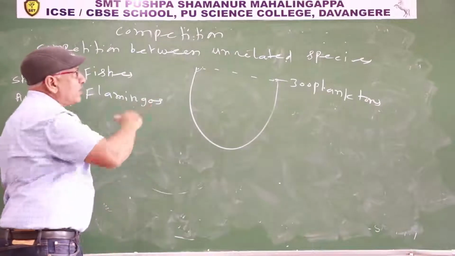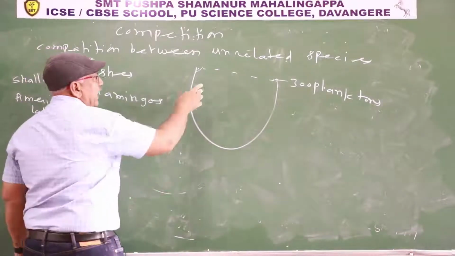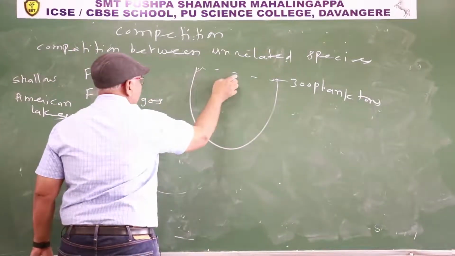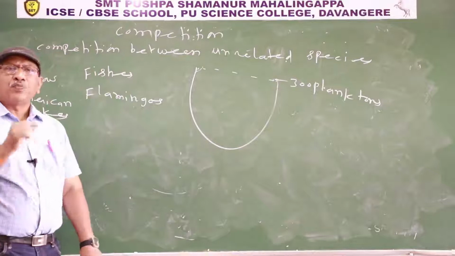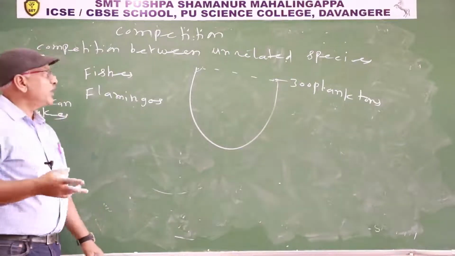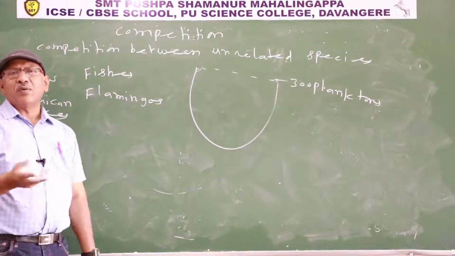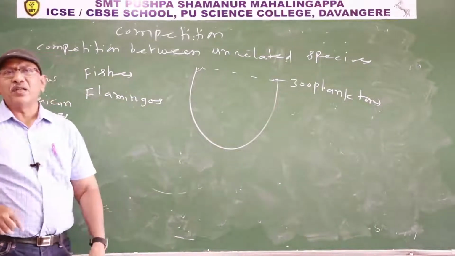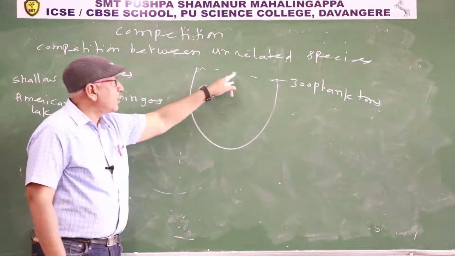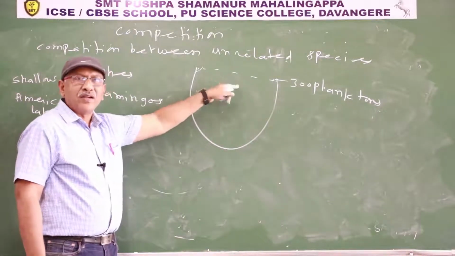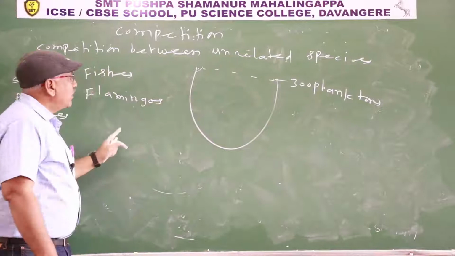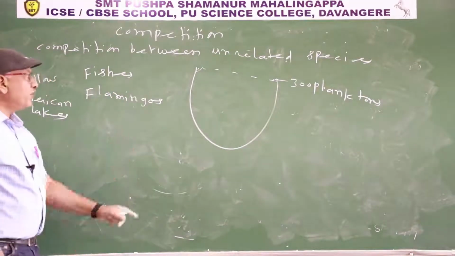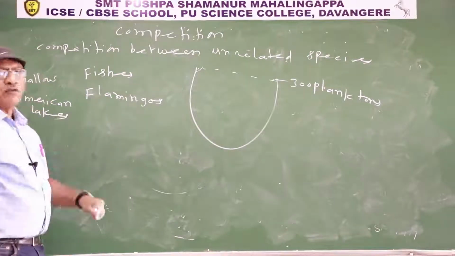Truly, zooplankton are abundant in open water, but neither fishes nor flamingos reach the open water. Generally we think competition happens only if resources are limited. But here resources are plentiful; zooplankton are more, yet the fishes are unable to obtain sufficient zooplankton during winter.